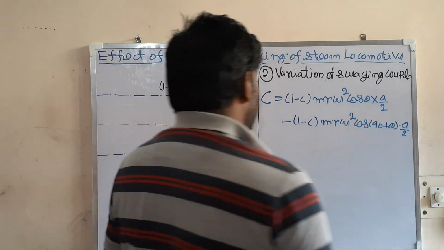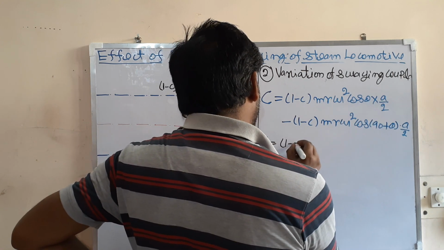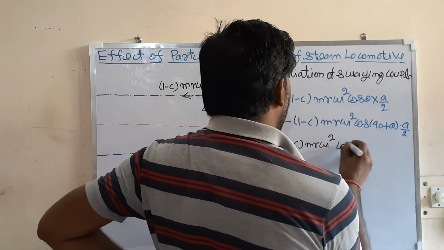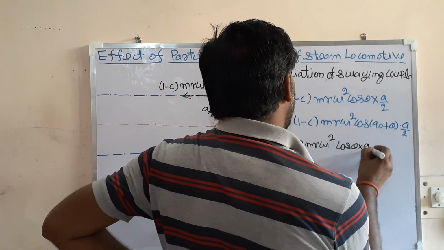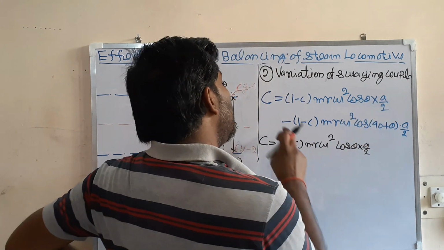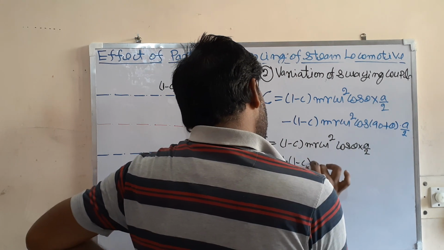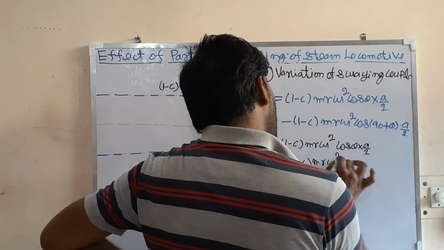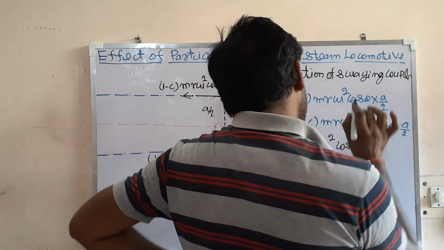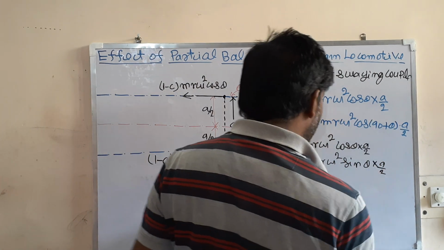Now let us solve this. C is equal to (1 - c) m r ω² cos θ into a by 2. Now cos(90° + θ) is equal to minus sin θ, and this minus and minus make plus. So plus (1 - c) m r ω² sin θ into this distance a by 2.